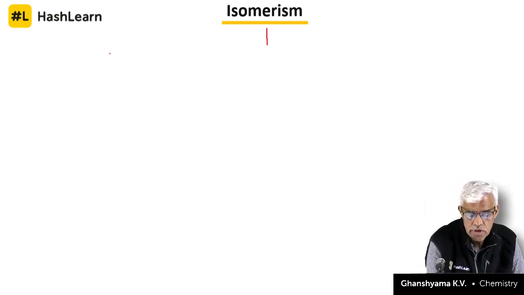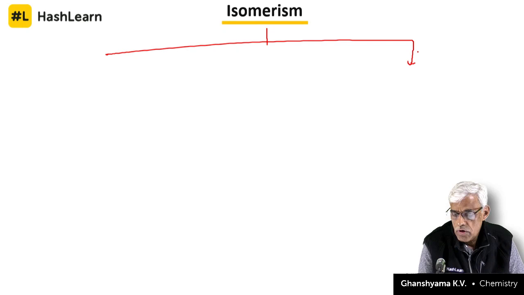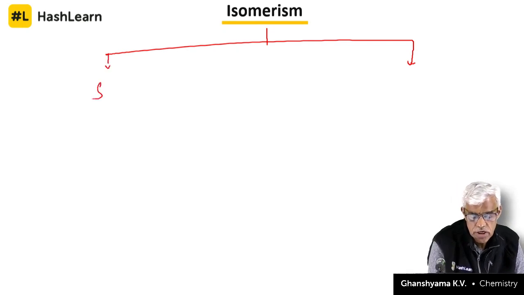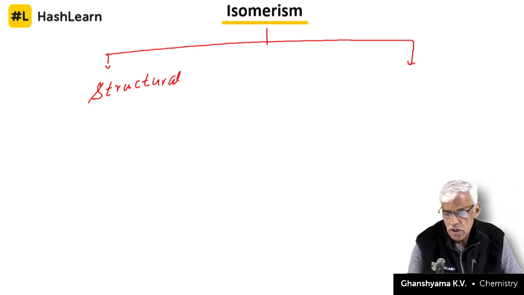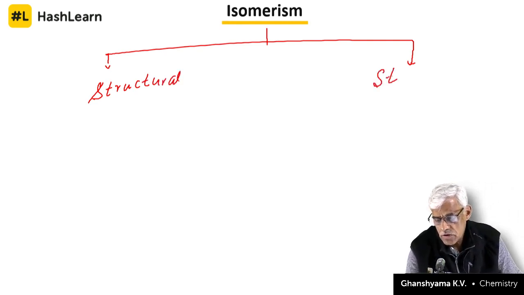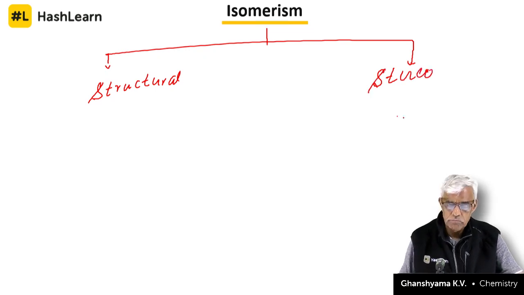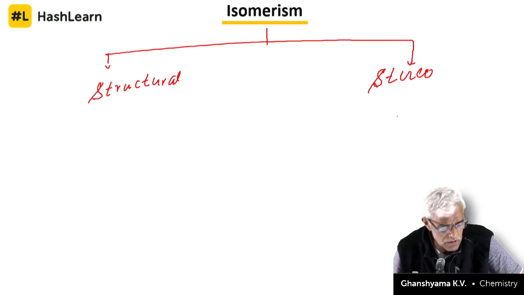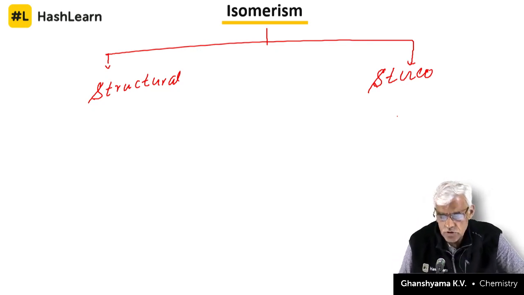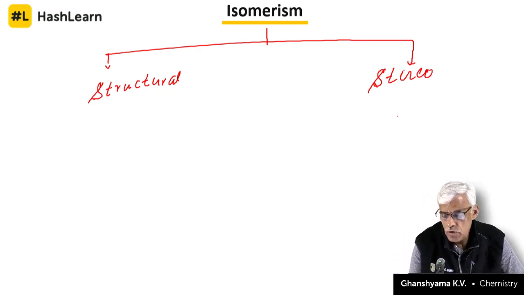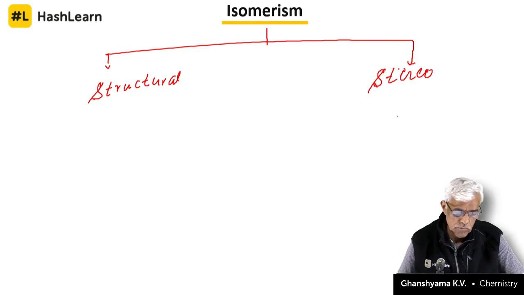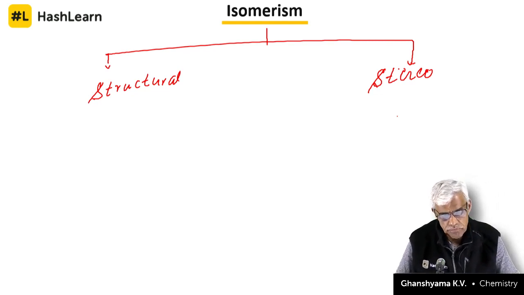That is isomerism. Isomerism is broadly classified into 2, structural isomerism and stereoisomerism, which you already know under organic chemistry.